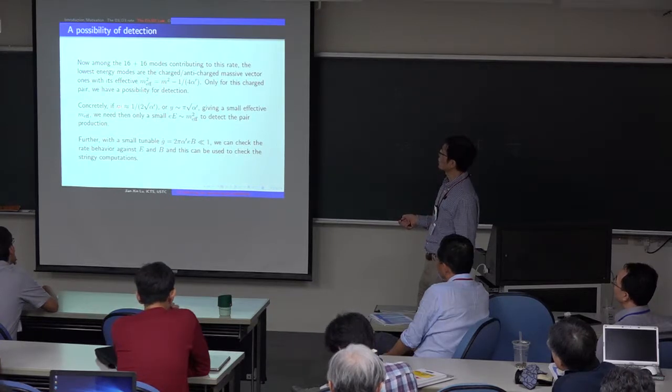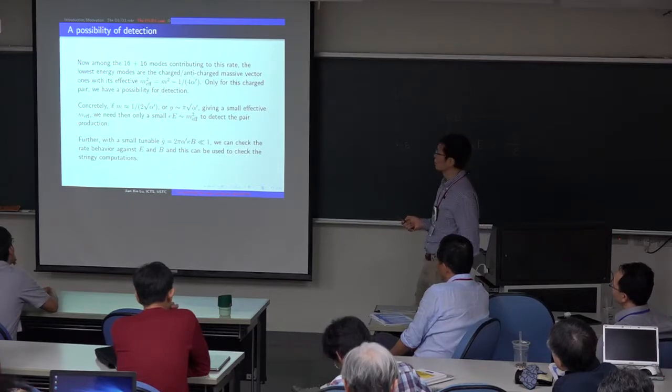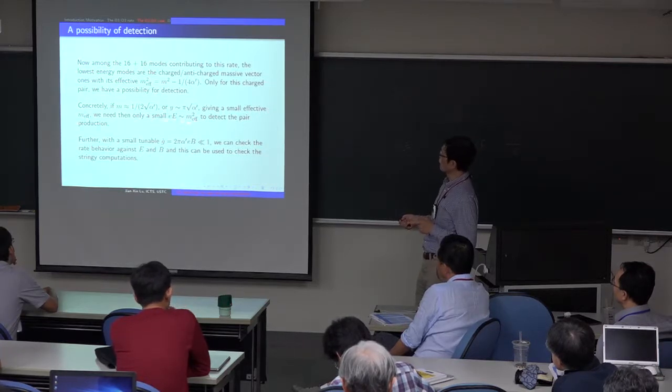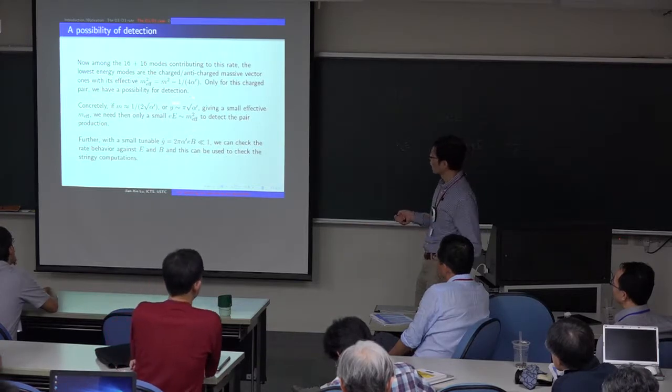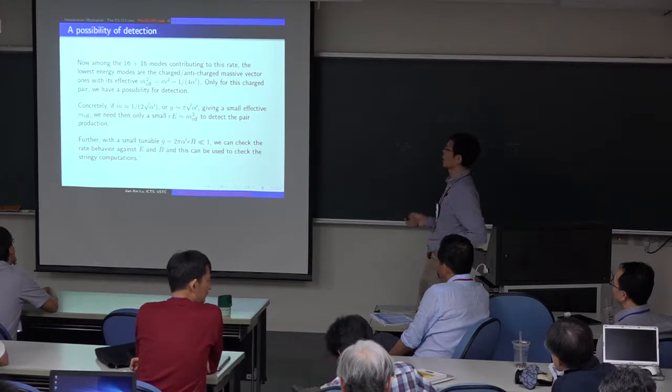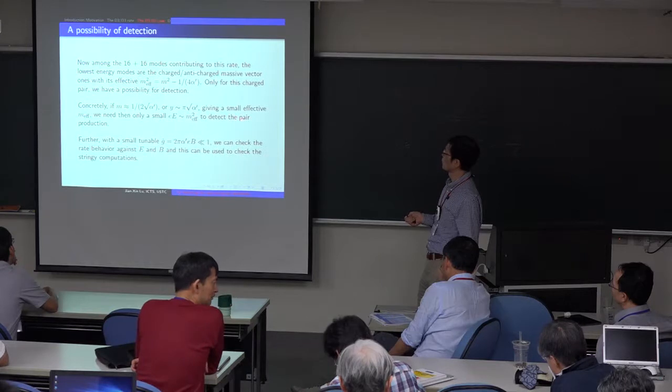So if, for example, you set this mass scale to be around this, that means we set the brane's repulsion to be a few times the SUSY scale. Then this gives an effective mass. Then the electric field can be as small as you like, depending on how you can tune the brane's separation. So for this case, we don't have the issue. That means we have the possibility.